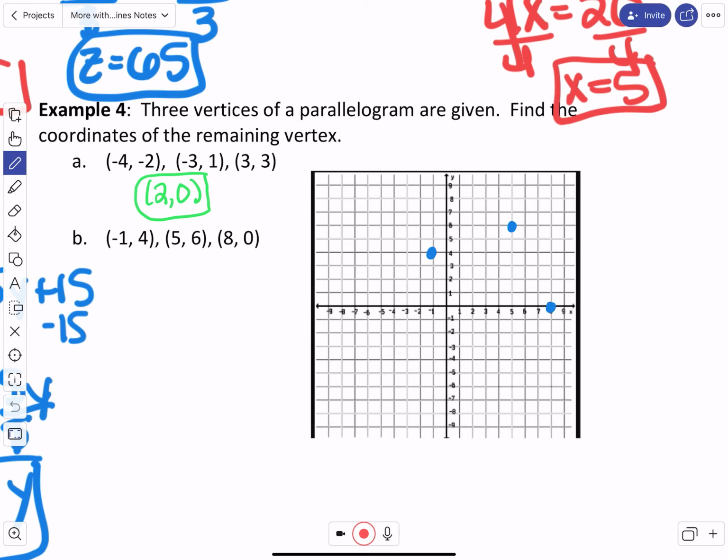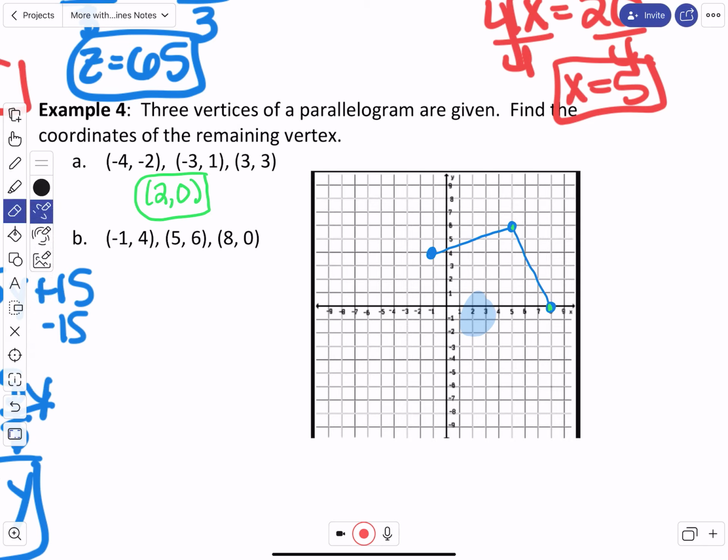Okay, so we just count your slope, how you got from one to the other here. So once again, we know that it's going to be somewhere in this area right here. So I would just count, going from this point to this point.